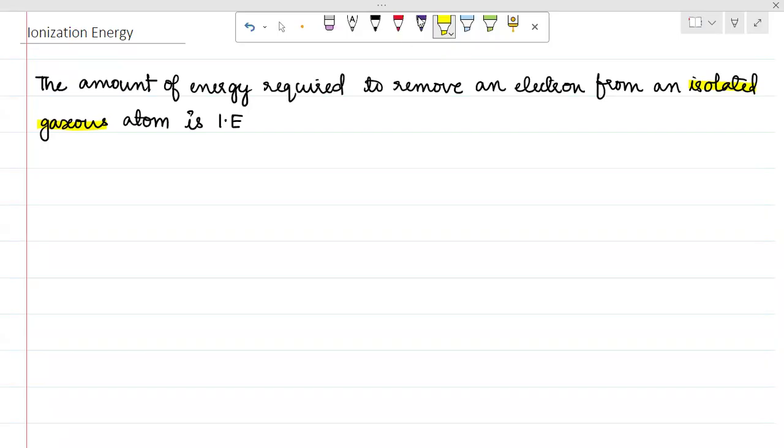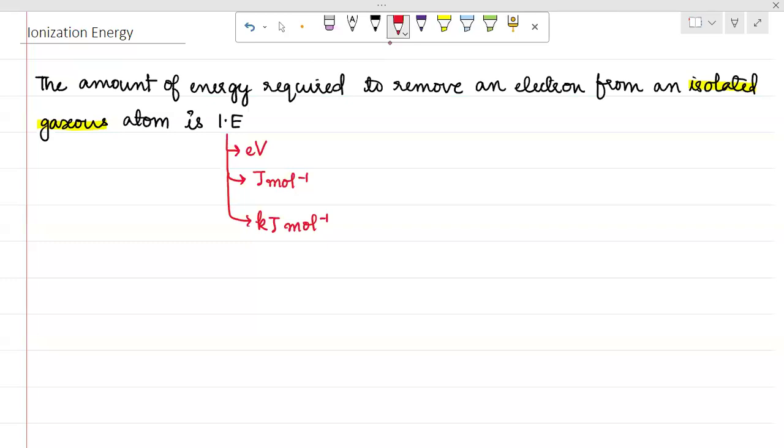Now, ionization energy can have various units. In questions, you can get it in electron volts, or it might be represented in joules per mole, or in certain cases, kilojoules per mole. All these are possible values of ionization energy, as it is the energy which is required to pull one of the electrons from the atom.